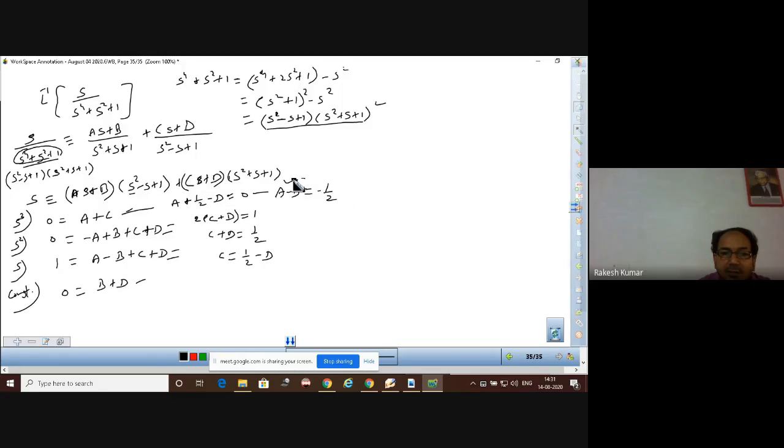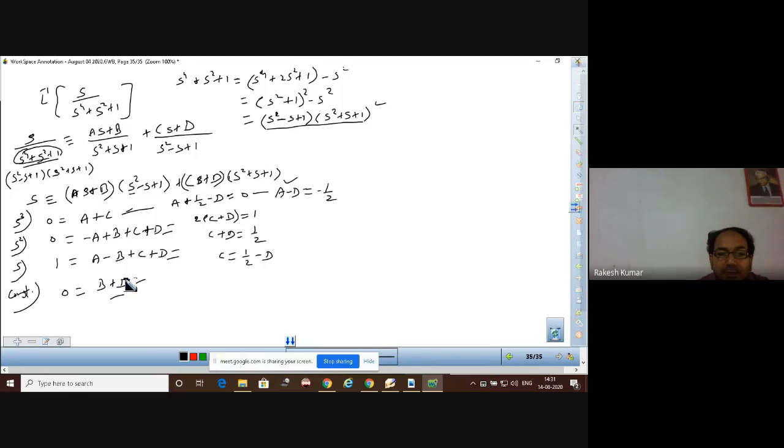Now, this is the equation in A and D. This is the equation in B and D. And you can also simplify and substitute the values of B and C also.